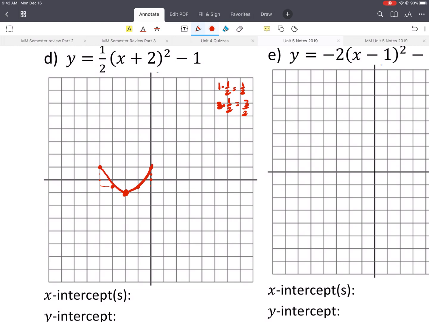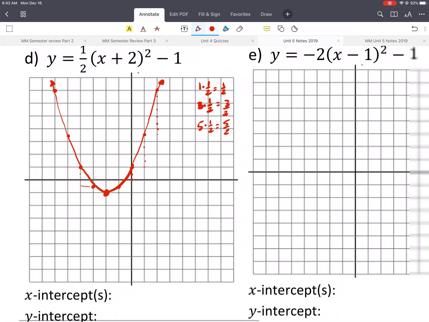That's all I require, but then you could continue and do 5 times 1/2, which gives you 5/2. And then we guess the next one would be 7/2. It does make it look a little better when you add more points.